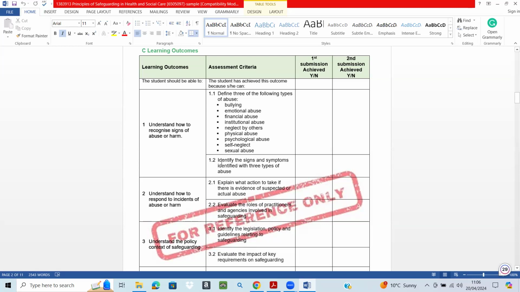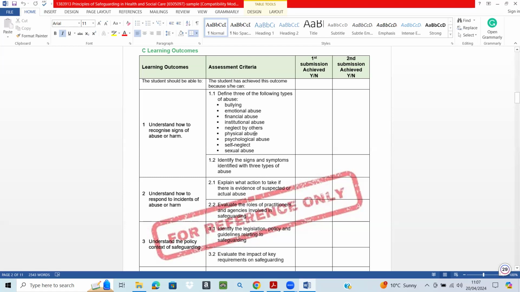Then in 1.2, we need to identify the signs and symptoms identified with three types of abuse. Just for example, if someone is suffering from physical abuse, then what will happen? We can see those signs and symptoms on the body of the service user because it's physical abuse.